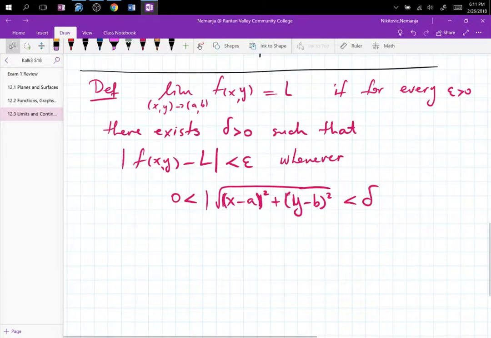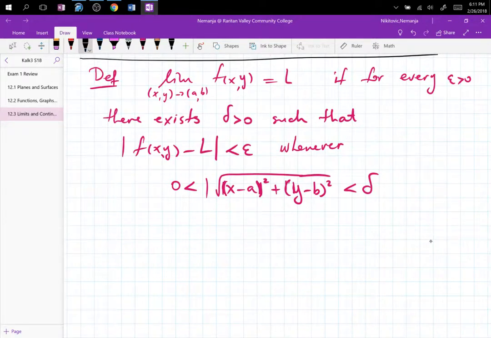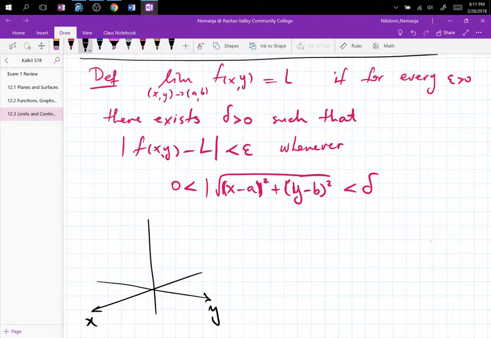So as for some kind of graphic representation over here, let's go with x and y and z. And now in the xy plane, I have a point (a, b). Now that point, as I said, has around it a circle of radius delta. And that circle, now you are going to have some kind of surface on top. All right.